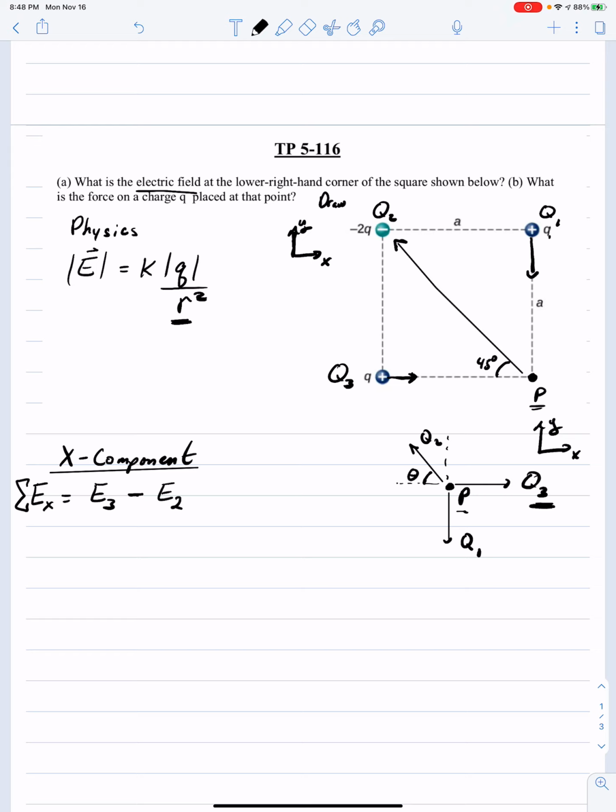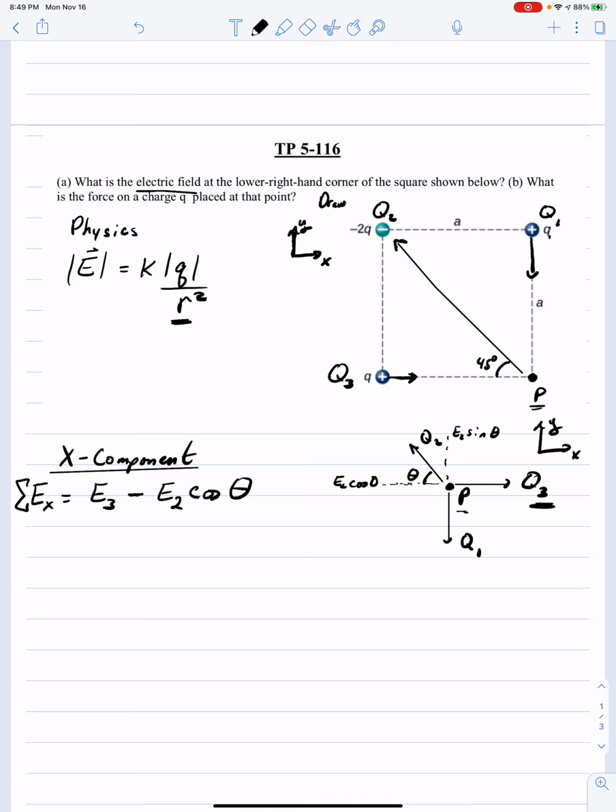It has an angle. And because it has an angle, I also have to solve for it like this, cosine theta, to get the x component of it. So in order to get the x component, E2 cosine theta, and to get the y component is E2 sine theta.